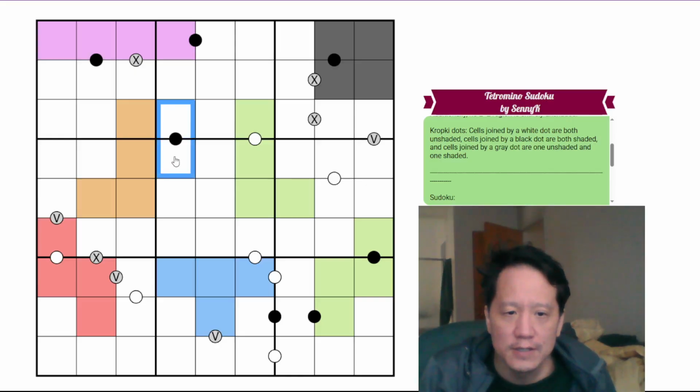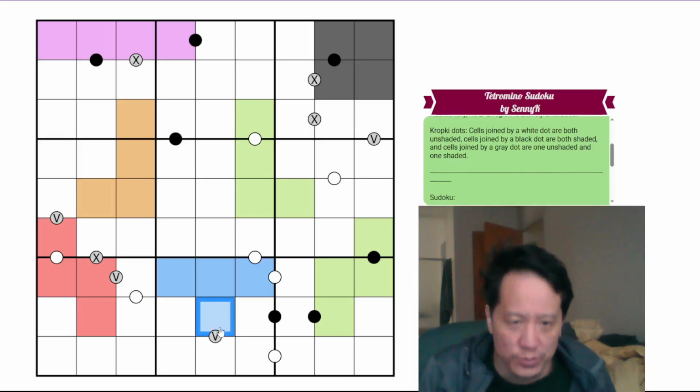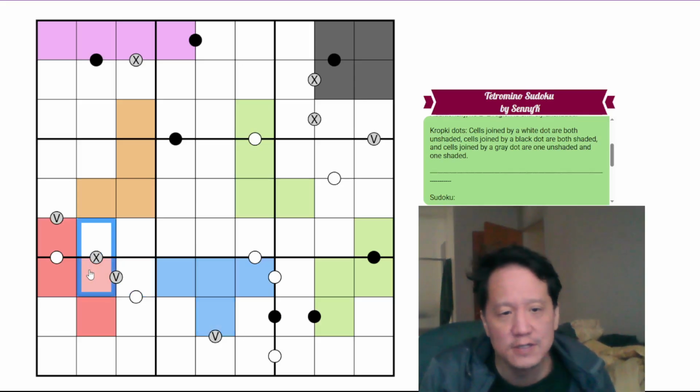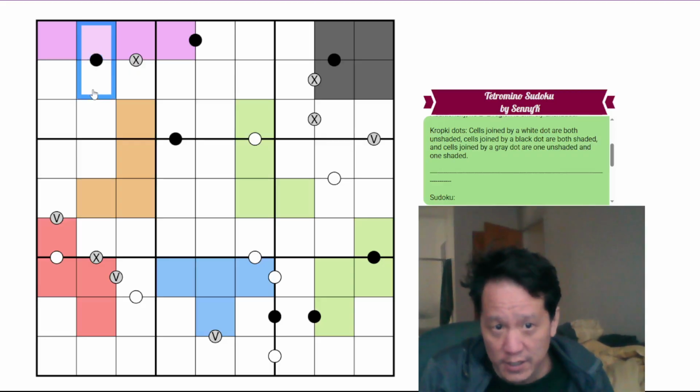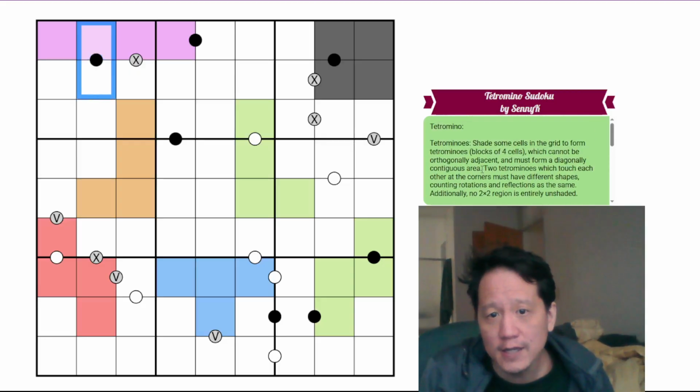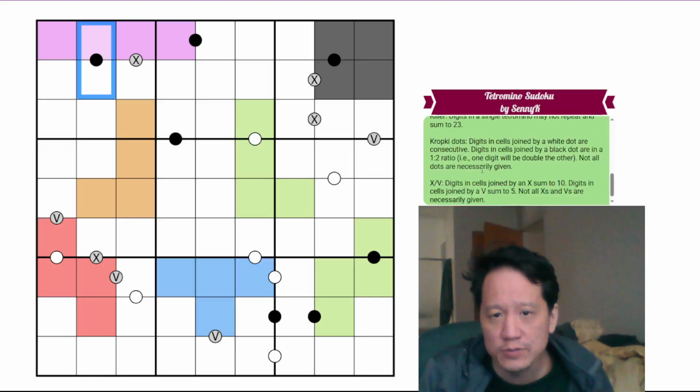And cells joined by a gray dot are one unshaded and one shaded. So this is valid because this would be unshaded, this would be shaded. Same with this, same with this. However, this doesn't work because both of these are unshaded. This doesn't work because both of these must be shaded. And that's how it works for tetrominos.